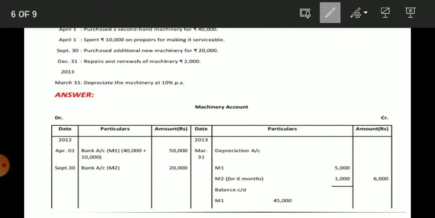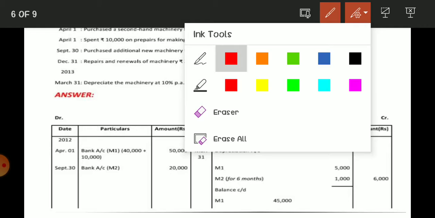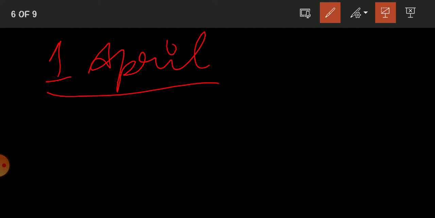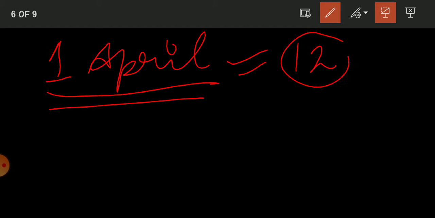So if you purchase machinery on 30th September, for how much time do you have to charge depreciation? Remember that if you purchase a machinery on 1st April, at the starting of the accounting period, you charge machinery depreciation for 12 months.